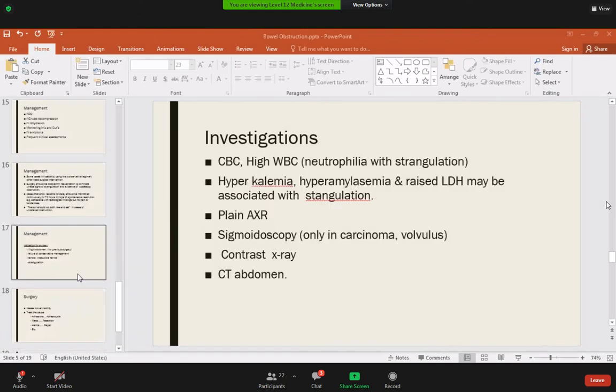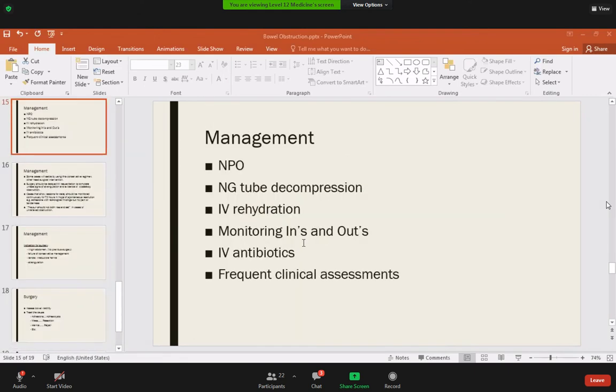Okay, general management of a patient with small bowel obstruction: a patient presenting to you with severe abdominal pain, vomiting, and abdominal distension. The first thing you will do is make the patient nil per oral. Patient should not be taking anything by mouth. You will start IV rehydration, IV fluids to the patient.